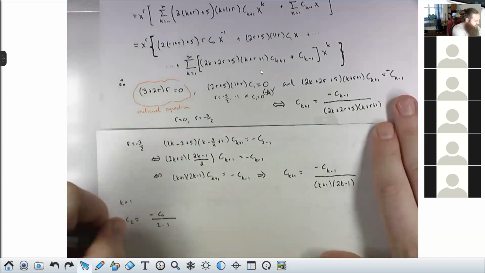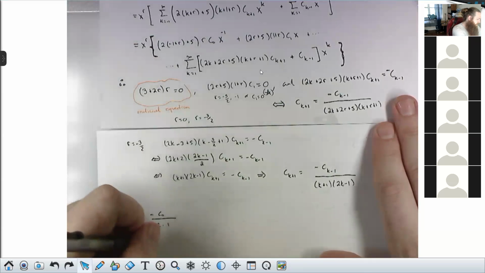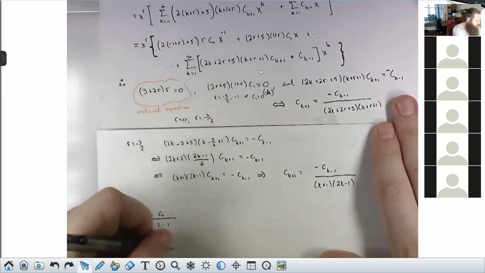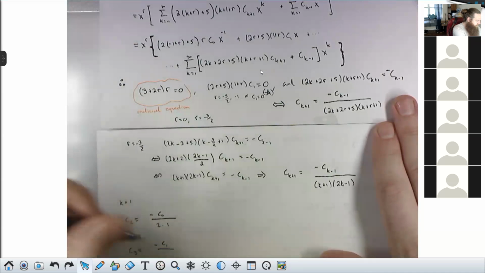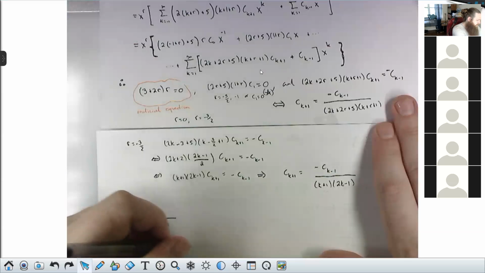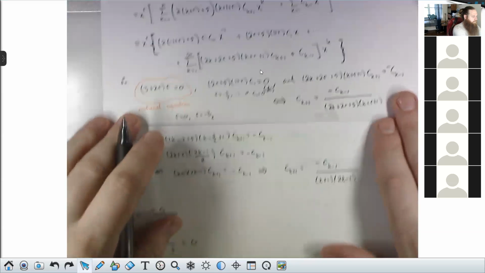When k is equal to 2, we're going to get C3 is equal to the negative of C1 over, well, 2 plus 1 is 3, and then 2 times 2 minus 1, that's also 3. So this would be 0 by the assumption that C1 is 0.